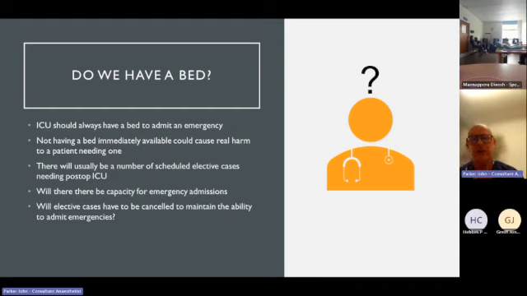As we know, in the UK, in Leicester, we tend to run all of our intensive care units close to completely full. So capacity for emergency admissions, if we're admitting loads of electives, could be compromised. So there is a fundamental decision to be made. Do we have to cancel those elective admissions in order to maintain the ability to admit an emergency? So it's a really tough decision to make.